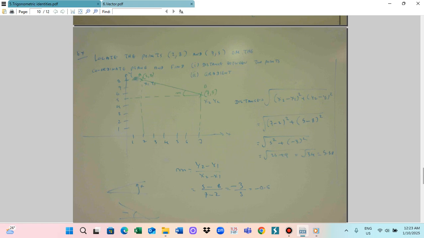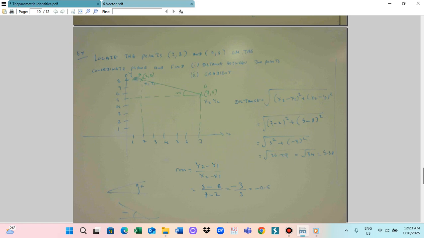And m, you can also calculate. In this case, the formula is y2 minus y1 divided by h2 minus h1. This is h1, y1, and this is h2, y2, similar to those delta x and delta y.